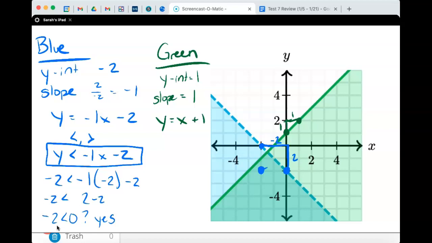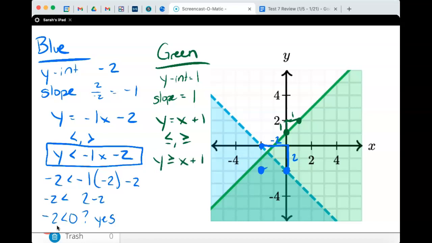And then what kind of symbol am I going to get out? What are my options, since it's a solid line? Which one will we probably assume it's going to be?